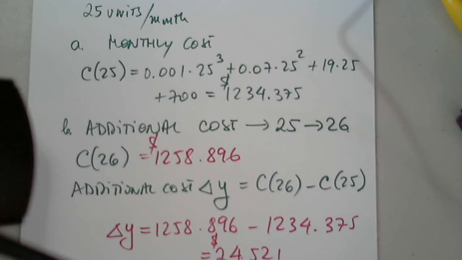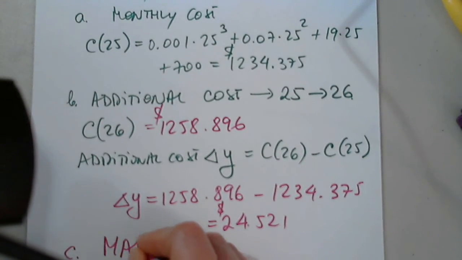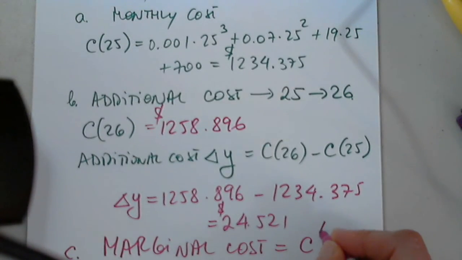Part C. What is the marginal cost when X is 25? Okay, finally we get to what we are talking about. Marginal cost is nothing else but C prime of X. That's the name of the marginal cost.